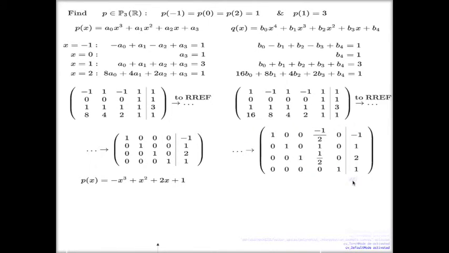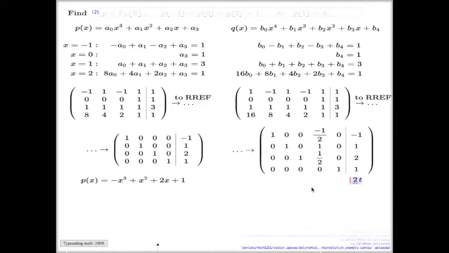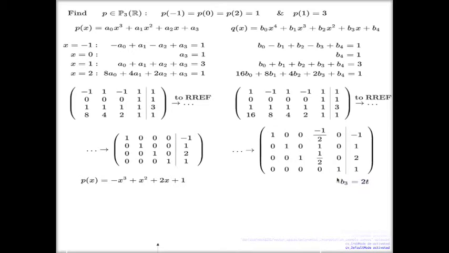I'm going to take B3 to be a parameter, but I will choose a parameter rather than, like normally, we choose T, or canonically we choose T. This time, because you see I have this -1/2 and this 1/2 here, it will be a little bit more convenient if I choose double T for B3. That will make the expressions for the other coefficients fraction free.